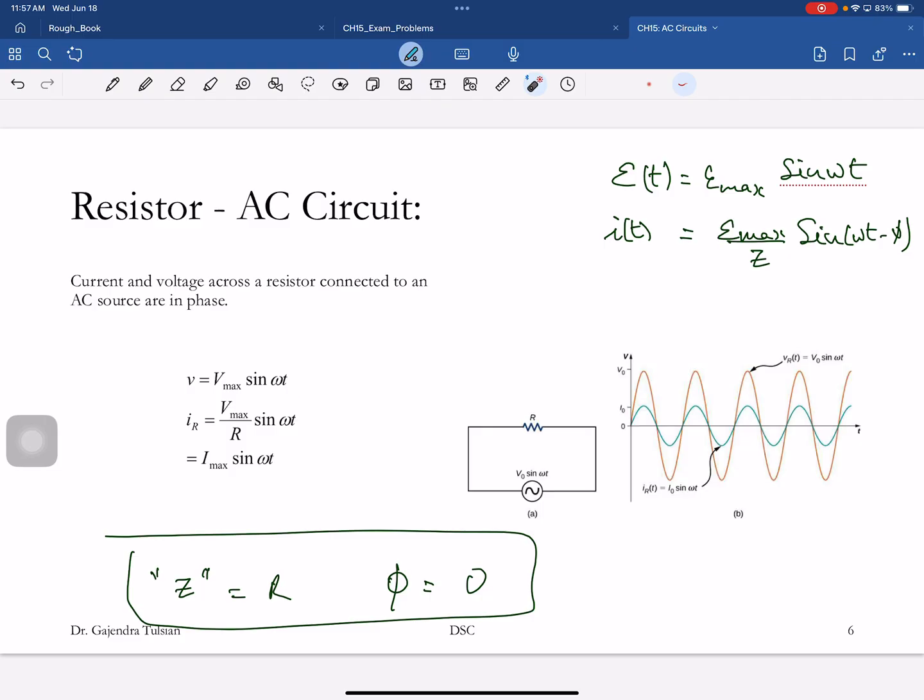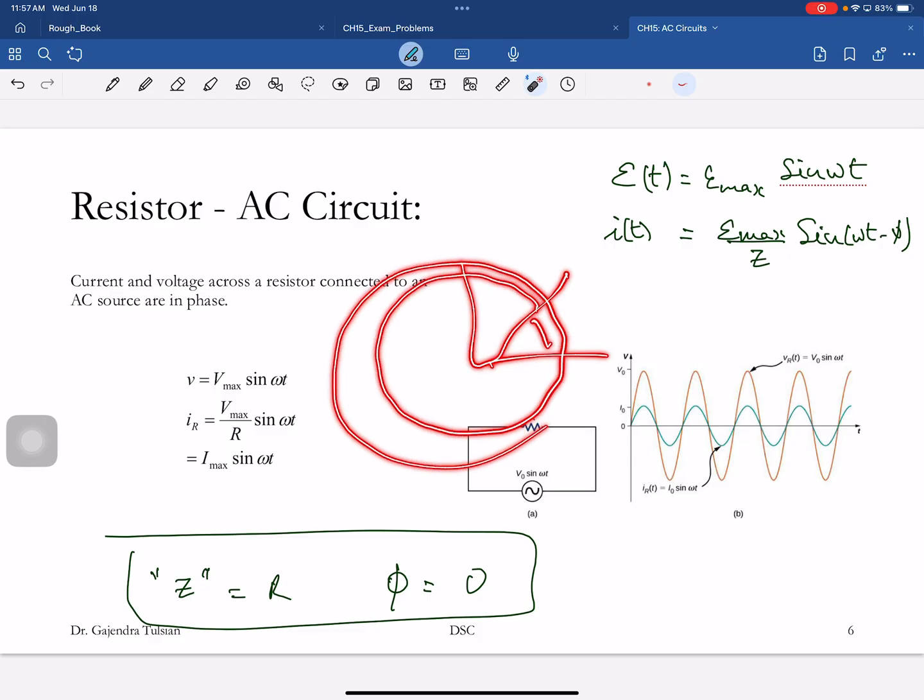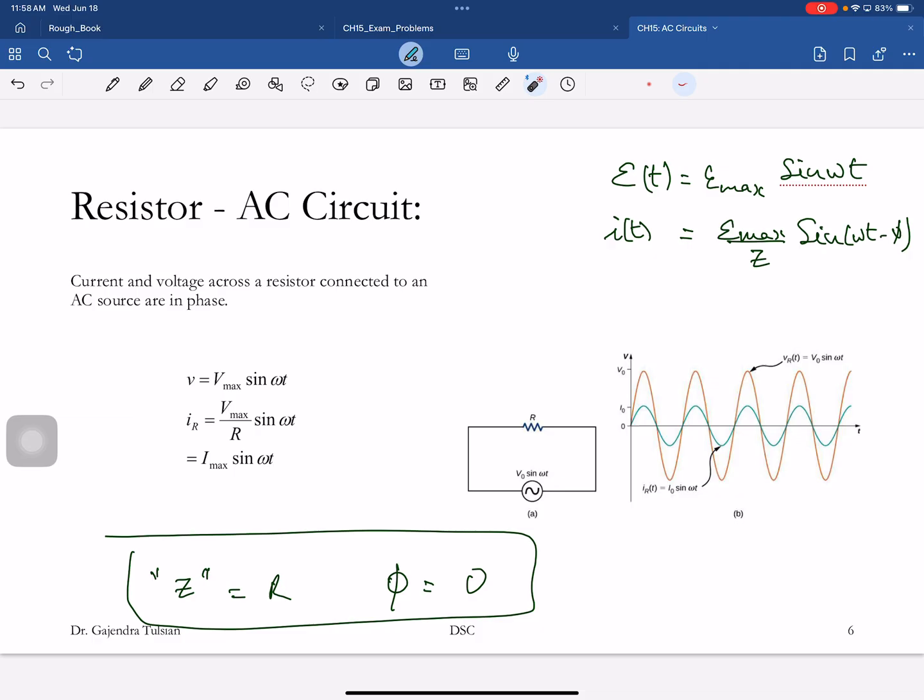As time increases, if this was the angle, this angle is increasing, so this vector is rotating. The current also has the amplitude of the current and sine of theta. So that's the y component of the vector.